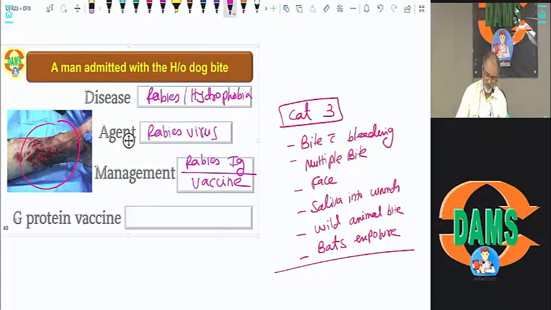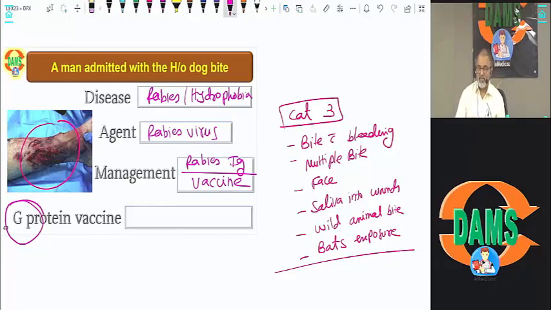What is the first G protein vaccine in the world introduced in India? Last year, very recent, they may ask you. First G protein vaccine introduced in India is Trabis vaccine.